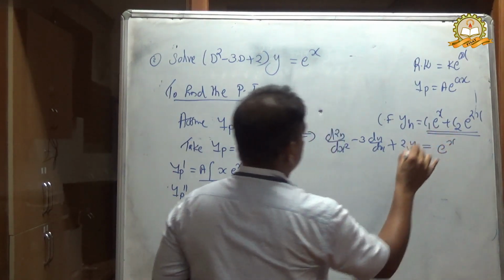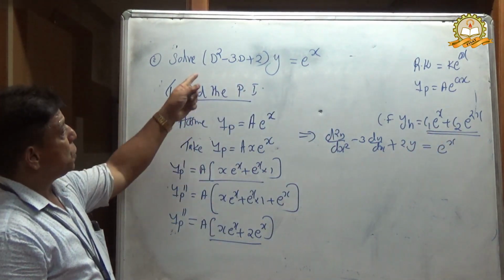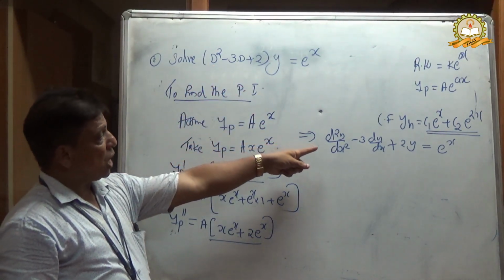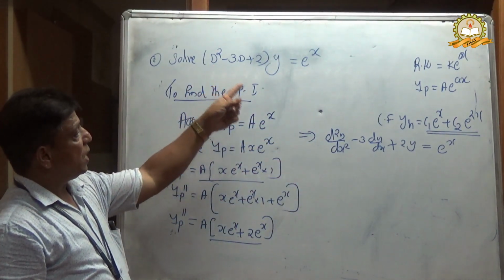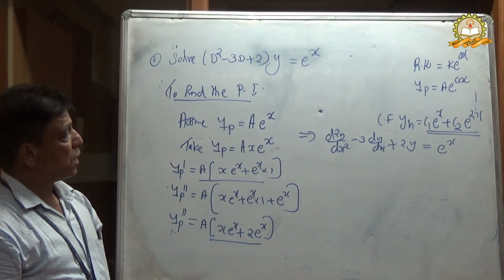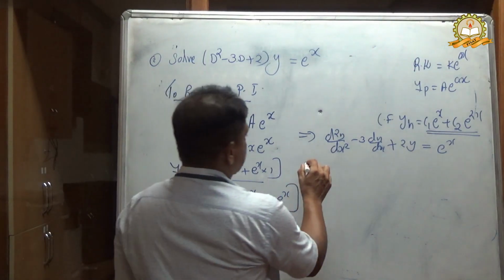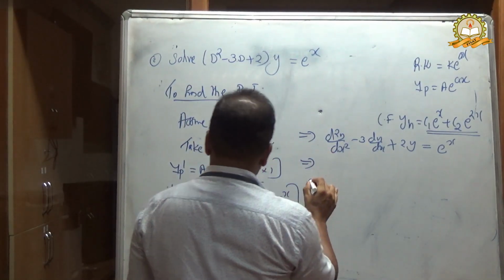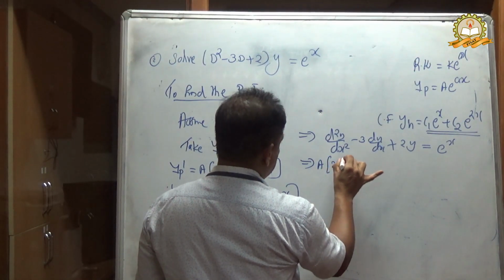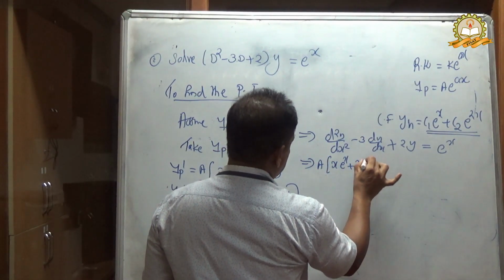This is the given problem. When we convert it into differential form, D square y is d square y by dx square, 3 into dy by dx, 2 into y is equal to e raised to x. Then substituting here, d square y by dx square is equal to a into x into e raised to x plus 2 into e raised to x.